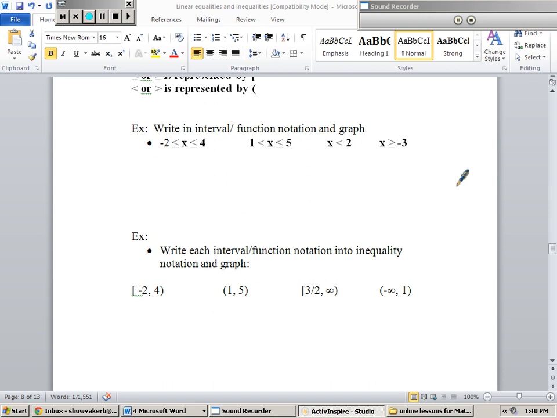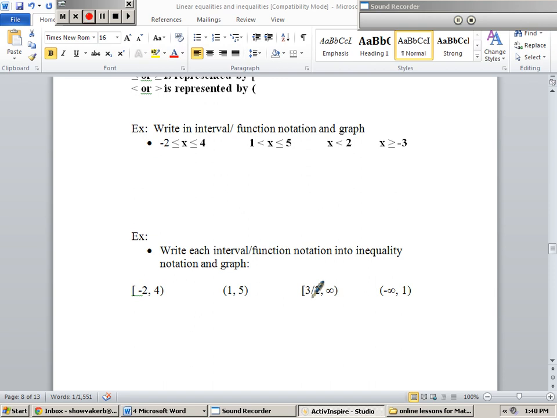Going back the opposite way. This says it starts at -2. It's less than or equal to x, which is less than 4. Equal to because it's a bracket, no equal to because it's a parenthesis. Both of these are not equal to because they're parentheses.